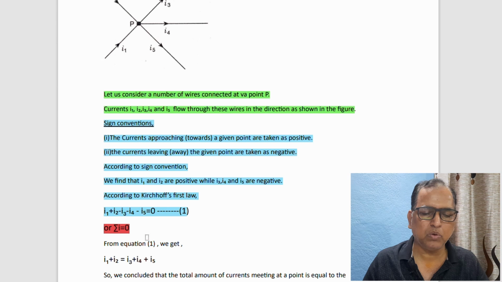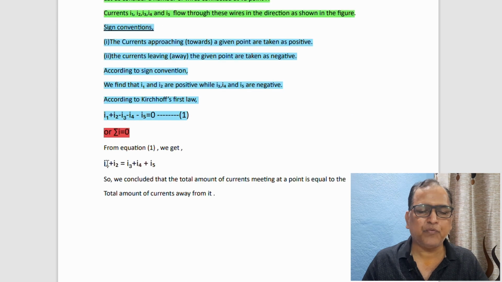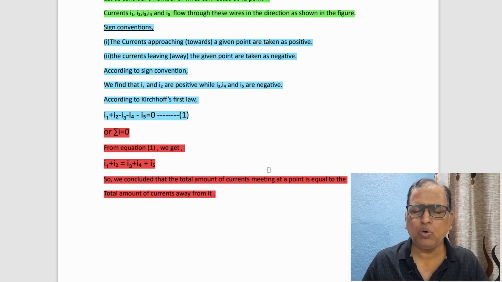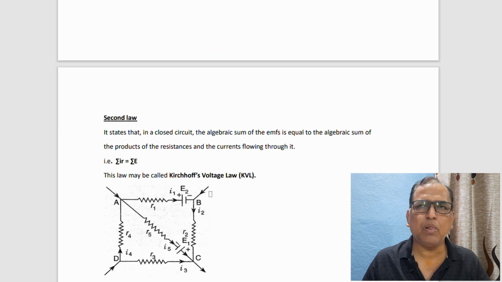From this equation we get I1 plus I2 is equal to I3 plus I4 plus I5. So we concluded that the total amount of current meeting at a point is equal to the total amount of current away from it. So this is the first law.